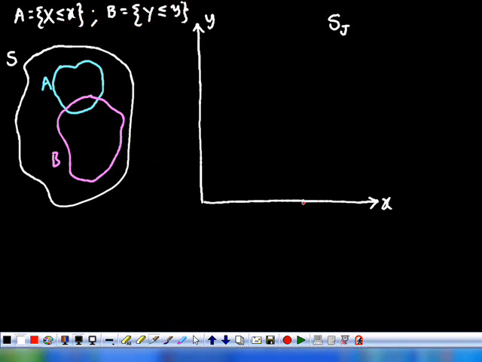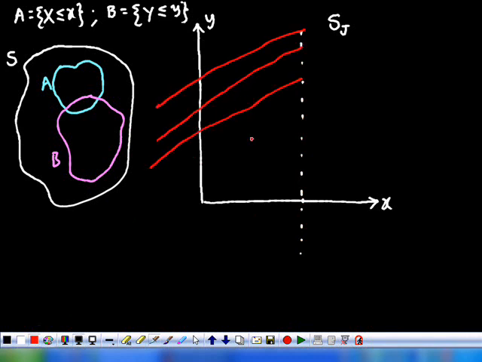So let us take this as x. So this entire region is x less than or equal to x.